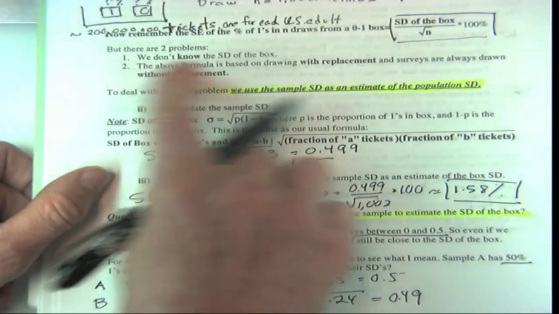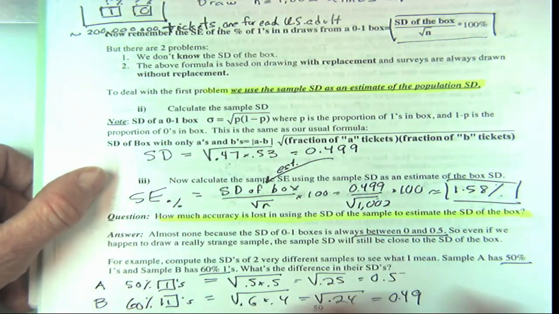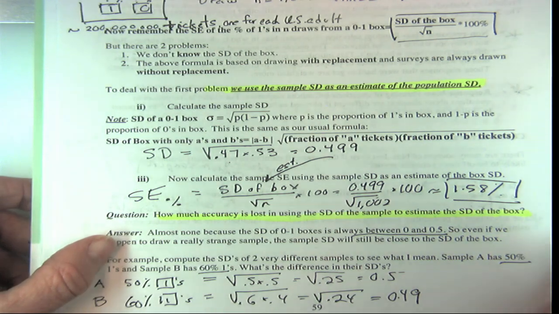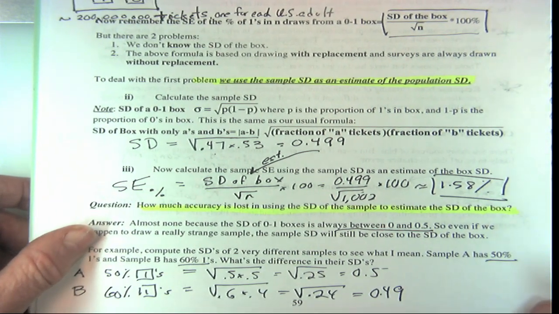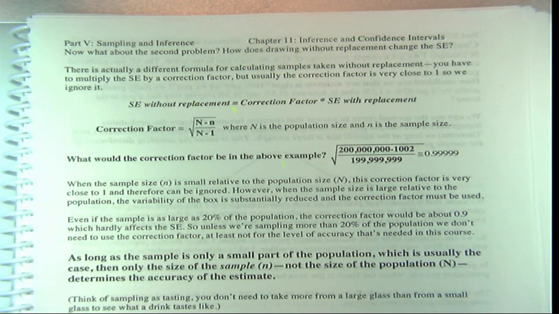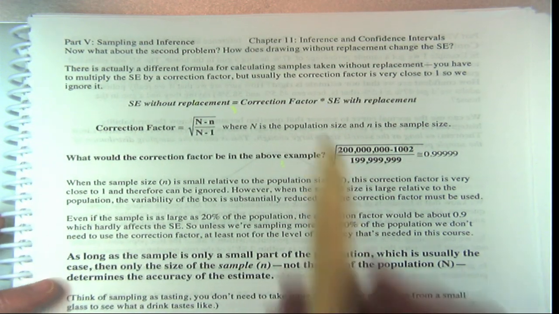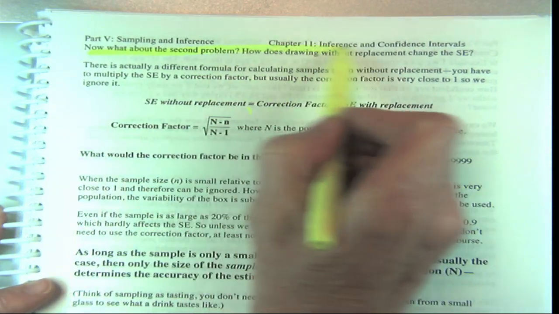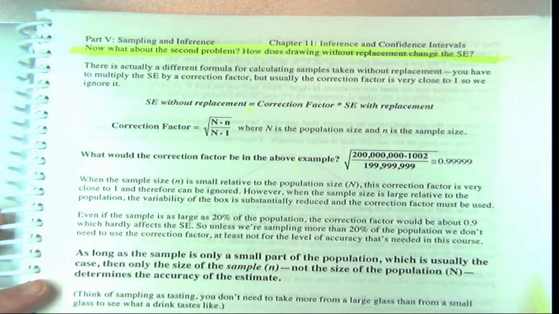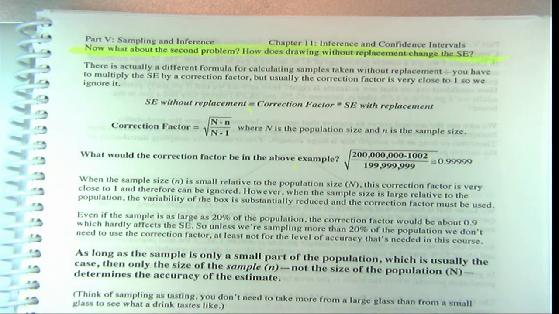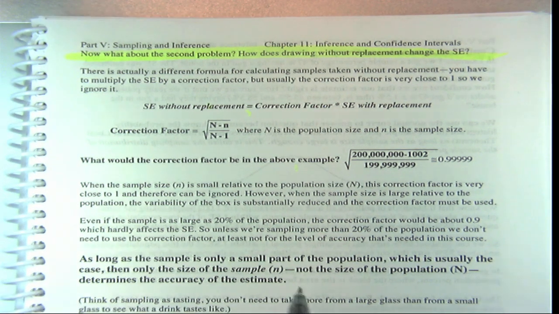This is not a problem, not knowing the standard deviation of the box. What about the second problem? We're drawing without replacement. There's actually a different formula for drawing without replacement.